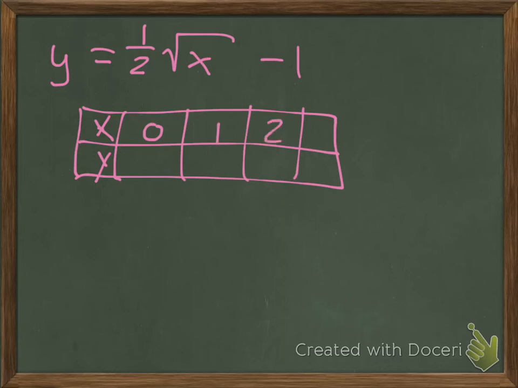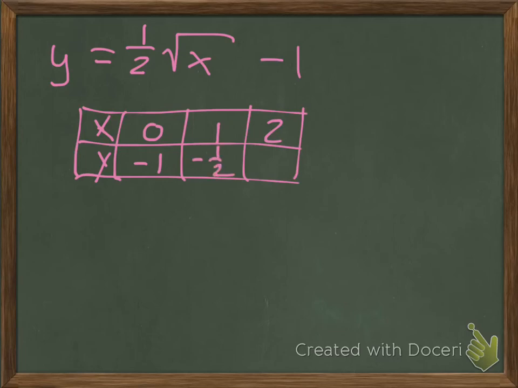So we'll do 0, 1, 2 again. And that will plug in as the square root of 0 is 0 times 1/2 is 0, and 0 minus 1 is -1. Square root of 1 is 1 times 1/2 is 1/2, and then 1/2 minus 1 is -1/2.